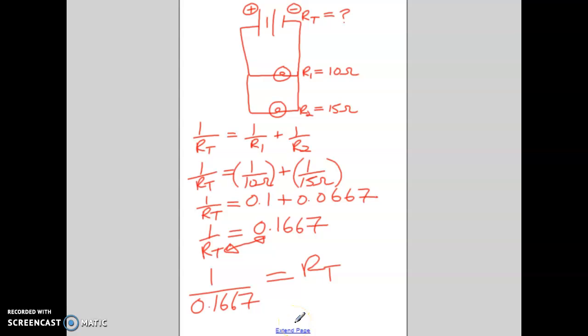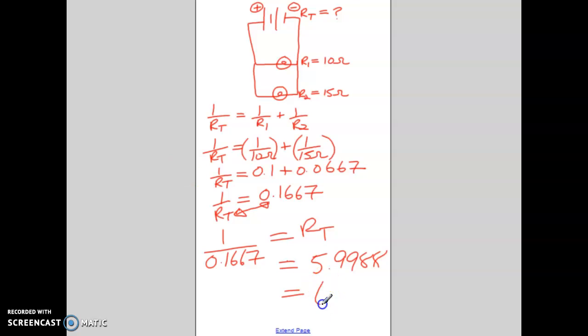If you do 1 divided by 0.1667, we get an RT value of 5.9988, which is essentially 6 ohms.